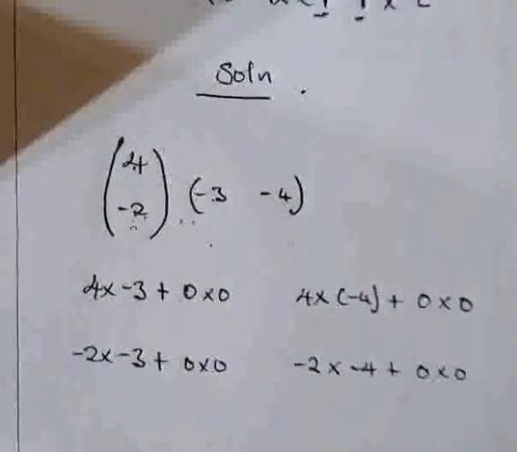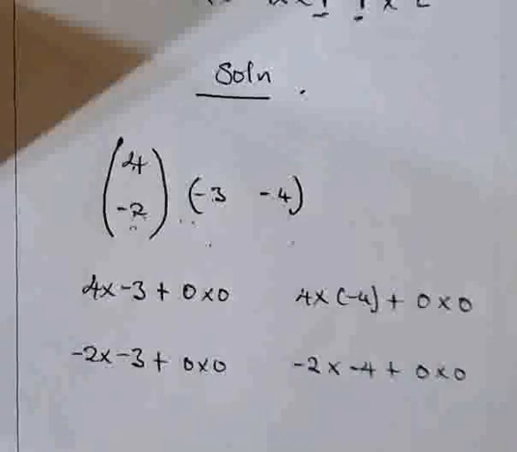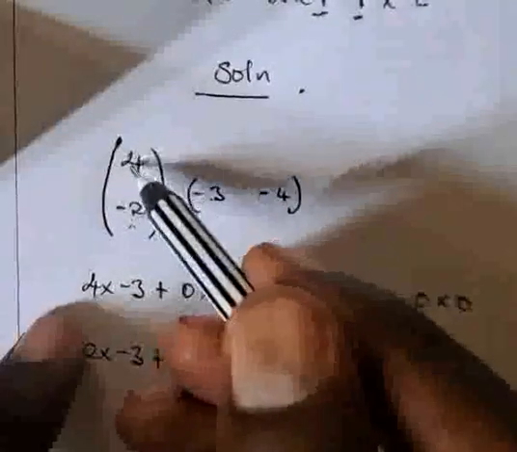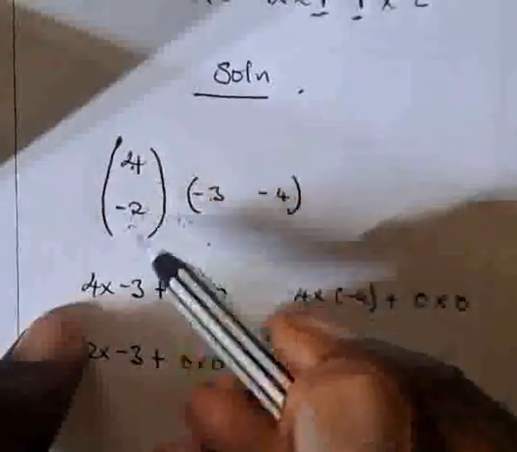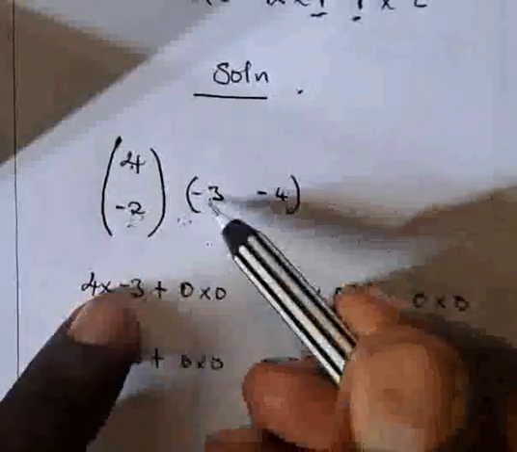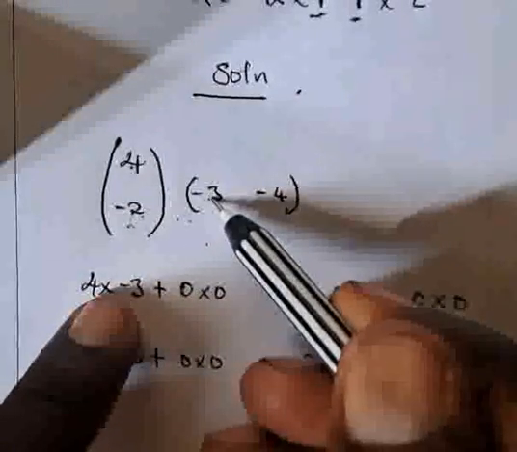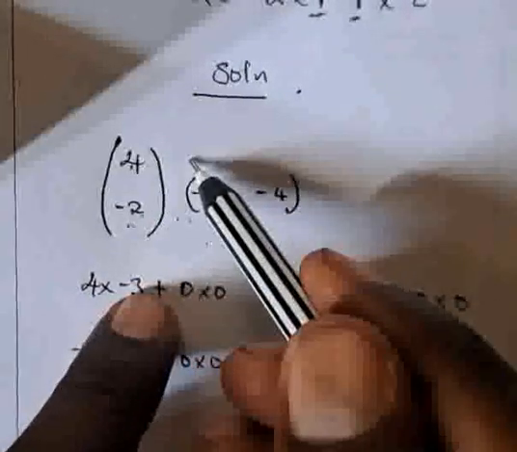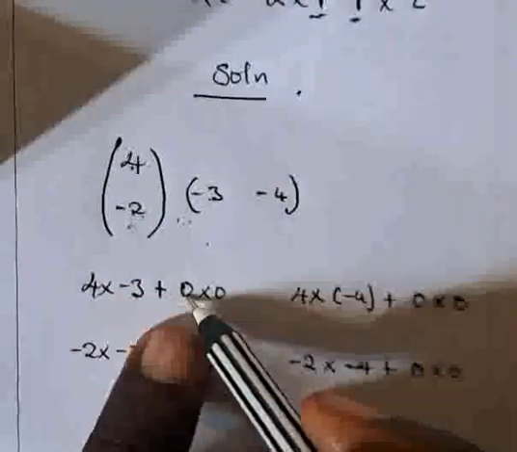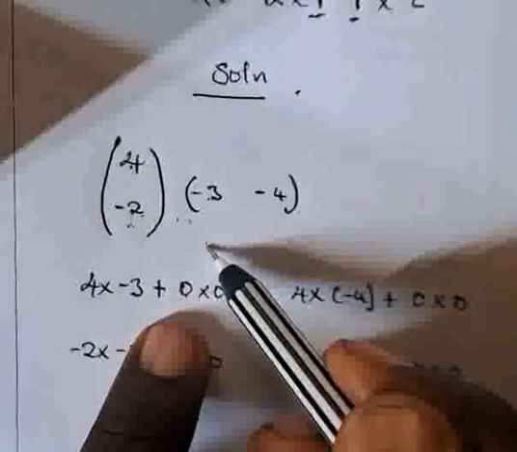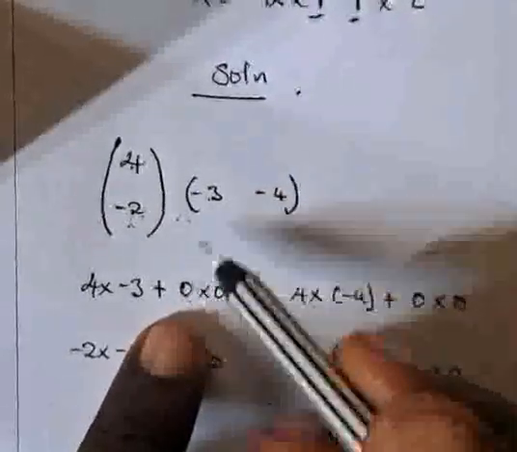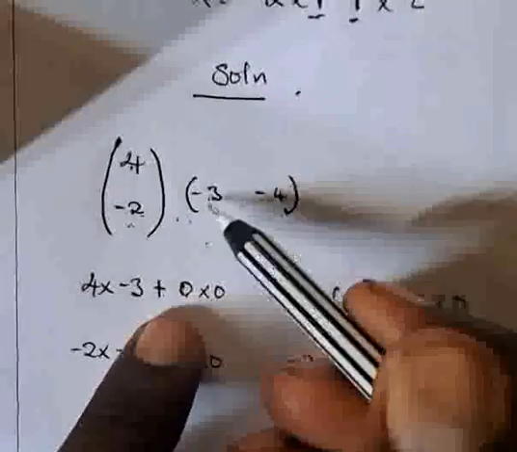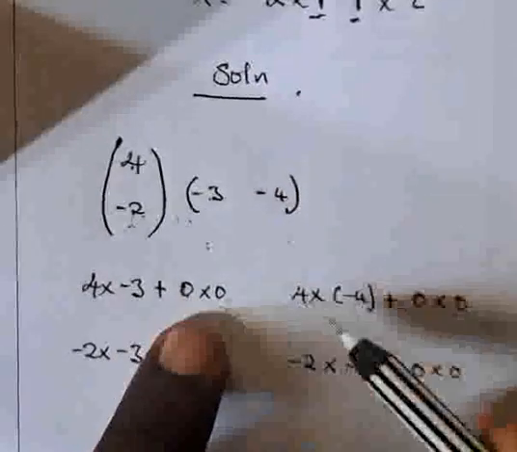Like this. So just to go through what I was saying: the first one there was 4 times the first one in this column, -3, isn't it? Then plus, what is the second one in this column? We don't have, so that's 0 there. Then we went this side.